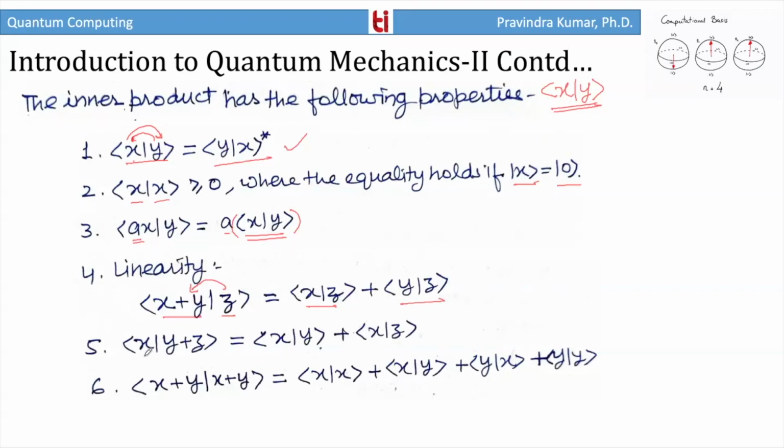Similarly, the inner product of x and y plus z is the inner product of xy plus the inner product of xz. Likewise, the inner product of x plus y with x plus y is the inner product of xx plus xy plus yx plus yy. These are some properties of the inner product.